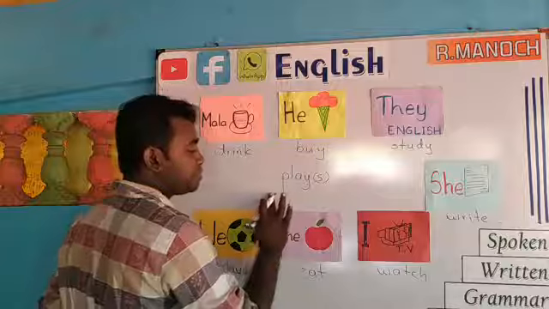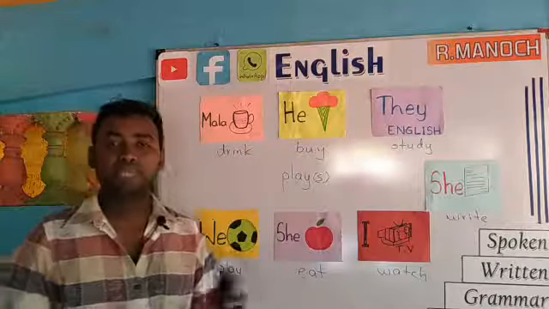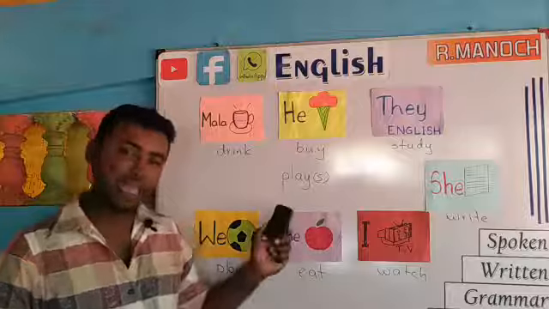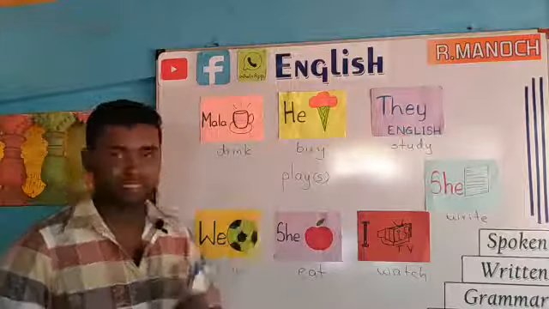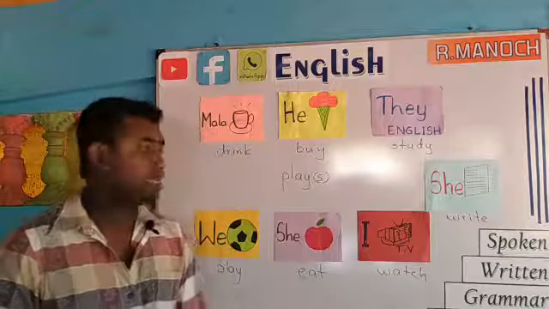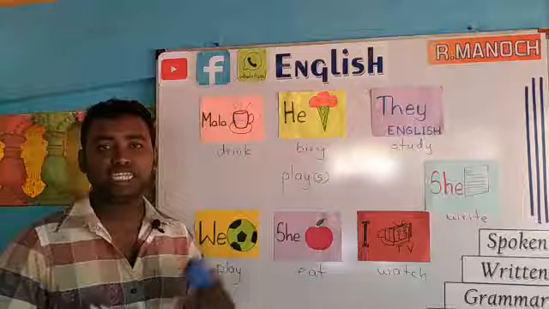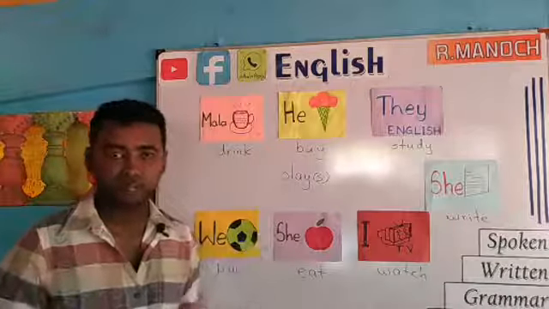The verb comes as it is, the base form, or the verb comes in S form. Play or plays. All of you know he, she, it plays, but I, we, you, they play. He, she, it plays. S will come. But I, we, you, they, S won't come.